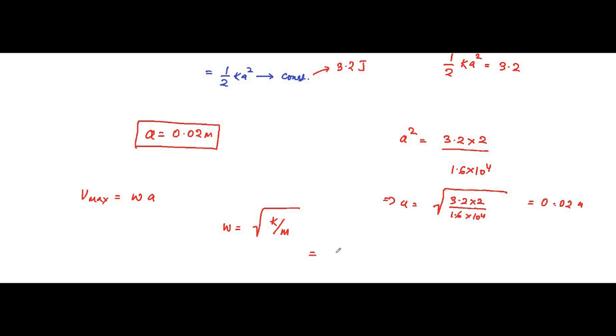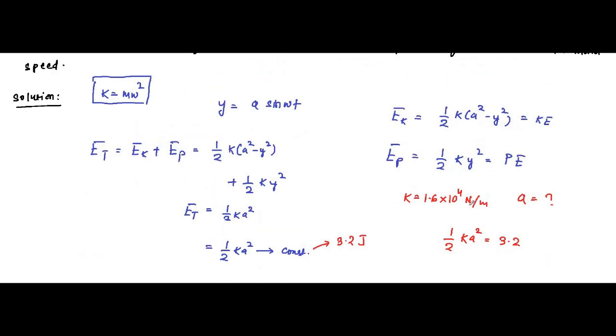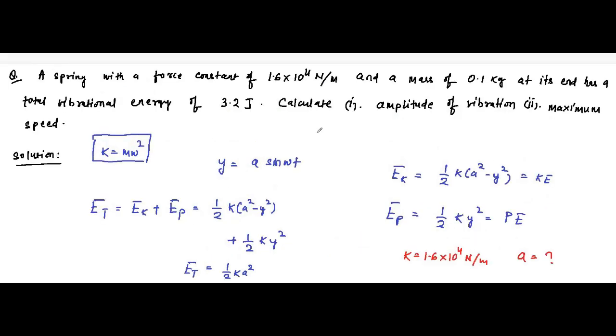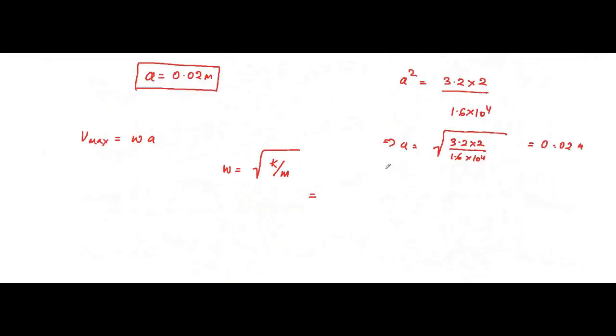Here k is 1.6 × 10^4 Newton per meter, the force constant or the spring constant, and mass is 0.1 kg. So it will be the square root of 1.6 × 10^4 by 0.1.